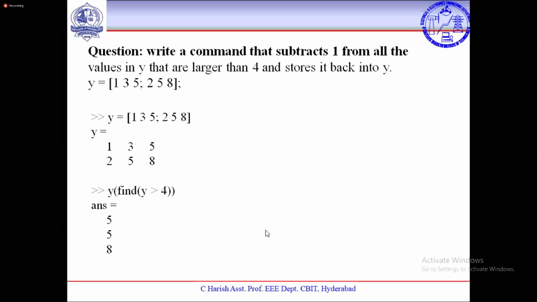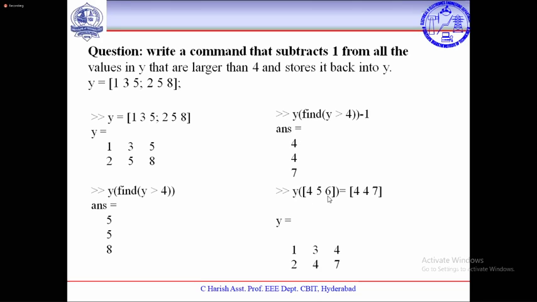So next, what I have to do is answer minus 1, right? So y of find y greater than 4, minus 1. You will get this answer. When you are executing this command, you have got this one and this one. And you want to replace those values, y equal to, or what are the values which are there here? We know this is 4, 5, 6.